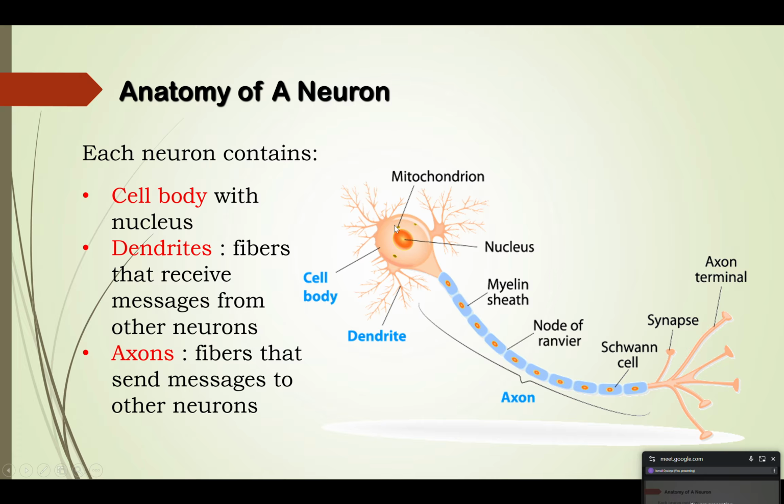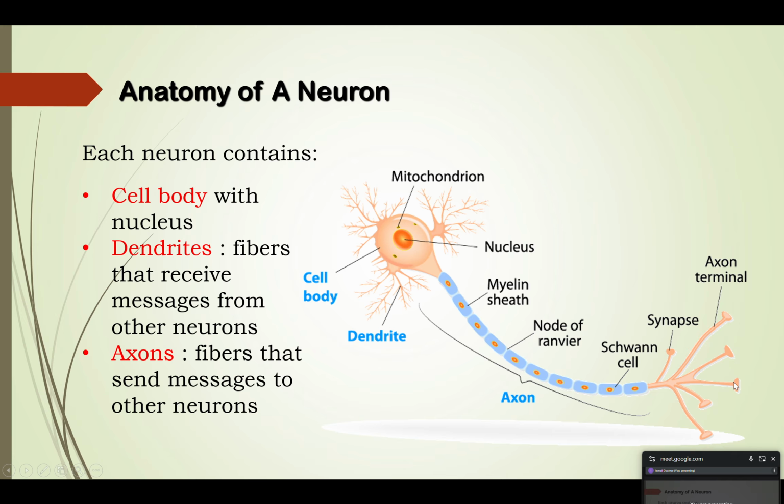So we see this cell body here. When the impulse is being conducted via the dendrites, it gets through the cell body. As it moves through the cell body, it then moves down through the axon. And as it moves through the axon, you see it going down there, and then it distributes to the axon terminal, and then to the synaptic knob, where it causes the secretion of the neurotransmitters.